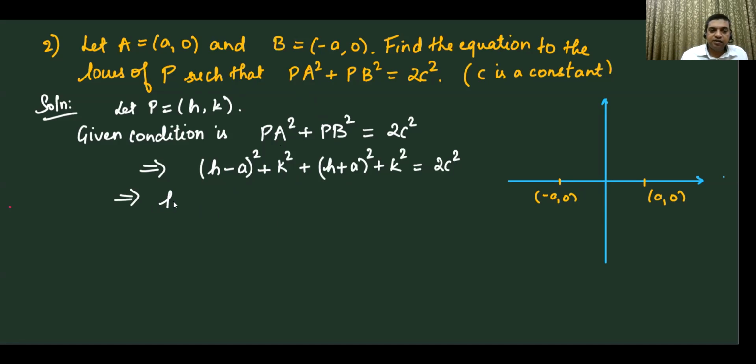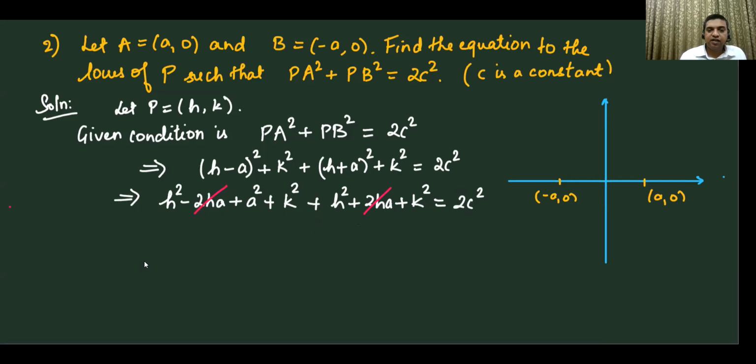So expand: h square minus 2ha plus a square plus k square plus h square plus 2ha plus a square plus k square is equal to 2c square. This 2ha minus and plus 2ha, they cancel because plus and minus becomes 0. Then h square plus h square is 2h square.